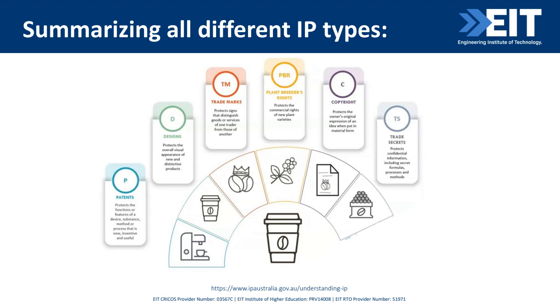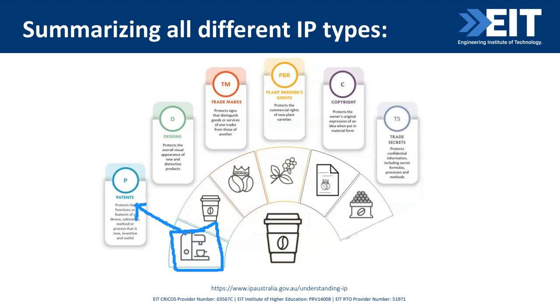All right. So, summarizing all the different intellectual property rights, I will use this example. Let's say you are in a coffee business and you came up with a very new technology which you have embedded in your coffee machine so that it can extract a lot more from your daily roast. That new technology, or how that coffee machine works, is protected under patents.